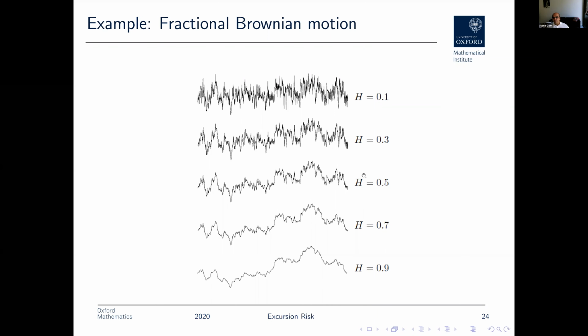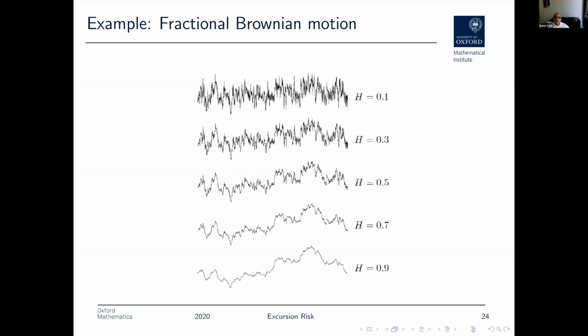And you can see that for h smaller than 1/2, you have a roughness index which is larger than 2. You can see that the path looks more rough than a Brownian motion. And for h getting close to 0, you can get arbitrarily rough. It gets very zigzaggy. Okay, so this is an example where you can see all ranges of roughness.